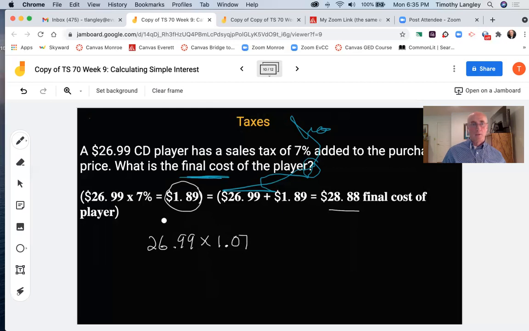Now, where'd that come from? 7% added to 100% is 1.07. That would get me the answer in one step. I'm going to just put down the one-step answer, just so you know. So there's 2 ways to do it. Most people do it this way right here. That's just the way our brains work, and that's how they would do that.